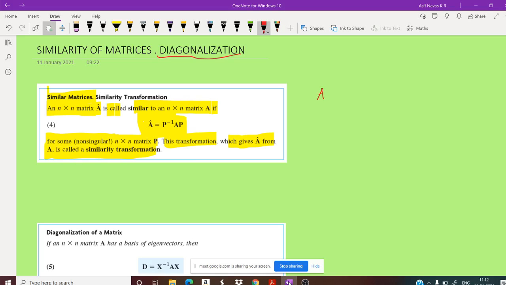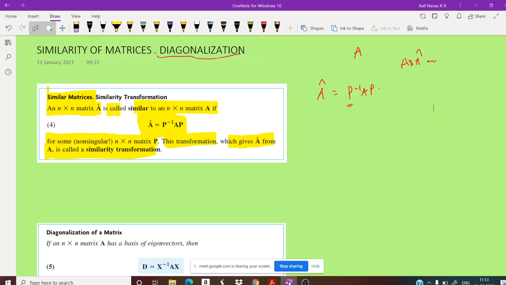So if we have a matrix A and A cap is P inverse AP for some P, then we say that A and A cap are similar.